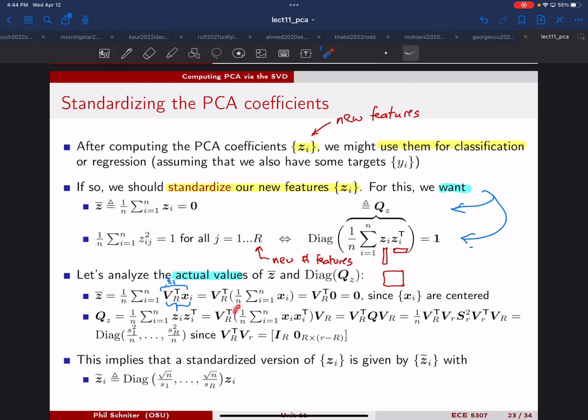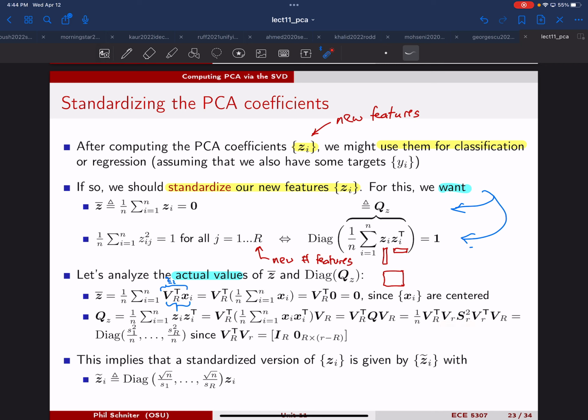The reason I did that is so that this term can be recognized as the original sample covariance matrix we called Q. Now Q, we can write in terms of its economy SVD: VR times SR squared times VR transpose.